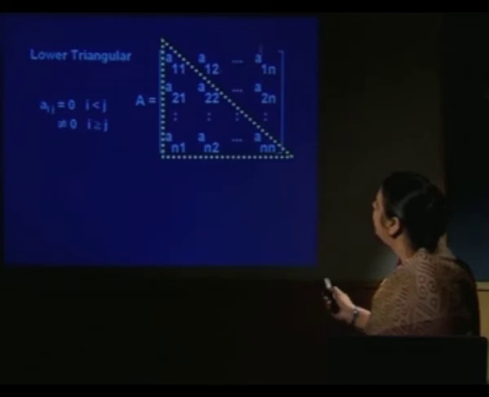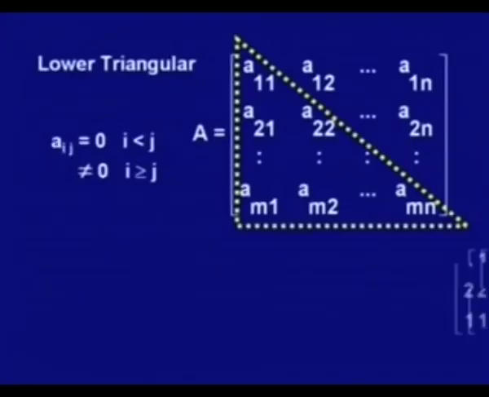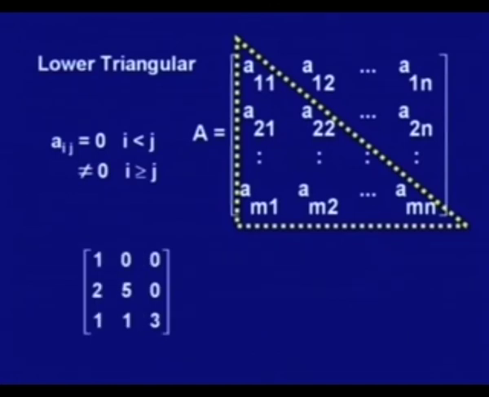So, all these elements have to be 0 for a lower triangular matrix, but for the elements which are inside, i is either equal to j for the diagonal or i is greater than j, and these elements are non-zero. For example, we have this lower triangular matrix. Here all these elements are 0 and non-zero elements appear in the lower triangle.